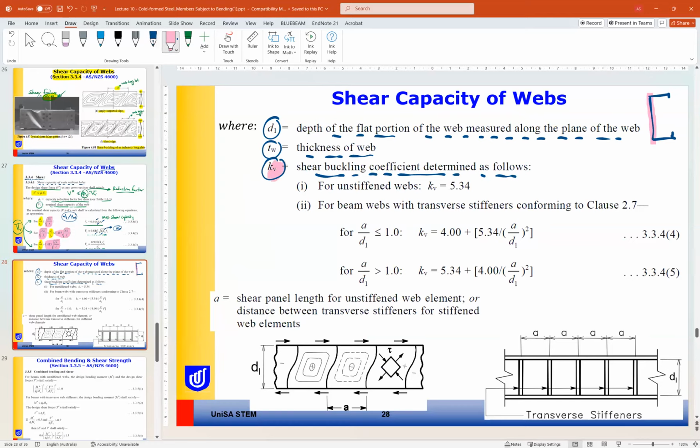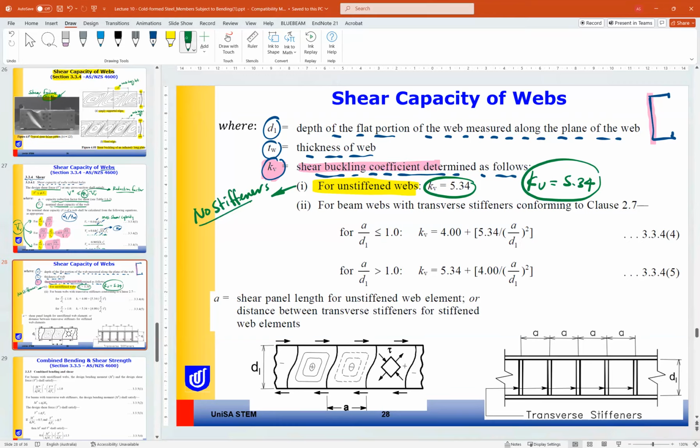For an unstiffened web, you can take KV as 5.34. Unstiffened web means no stiffeners, so you can take KV as 5.34.